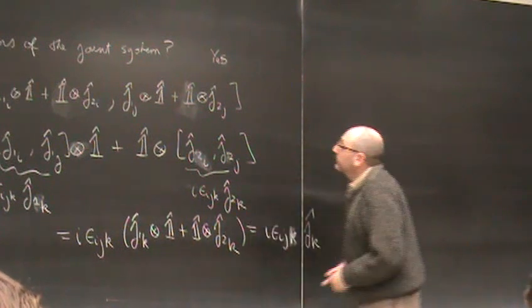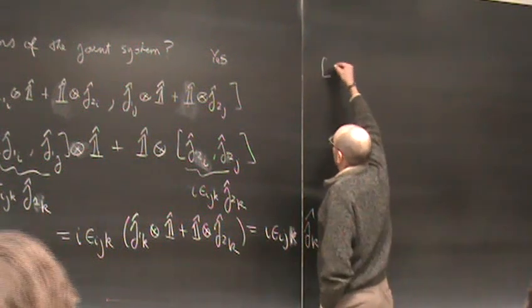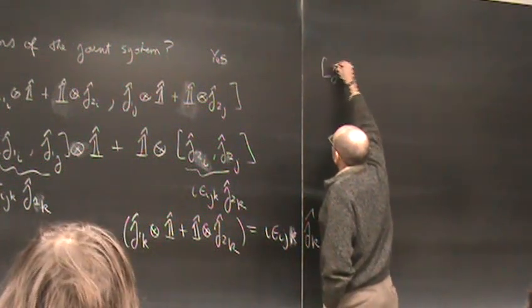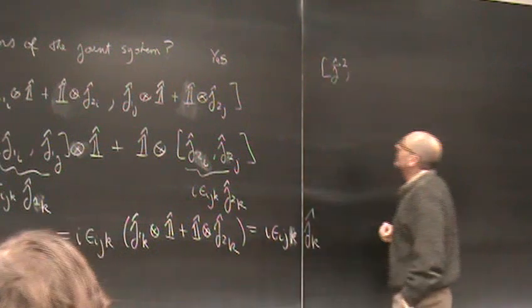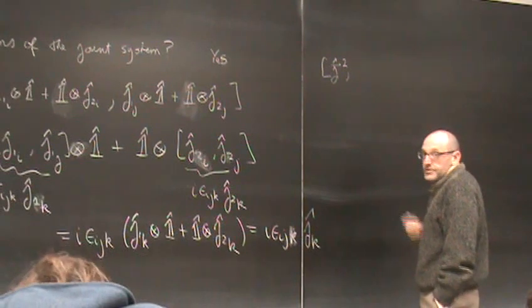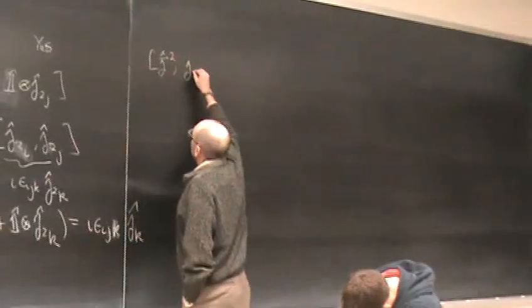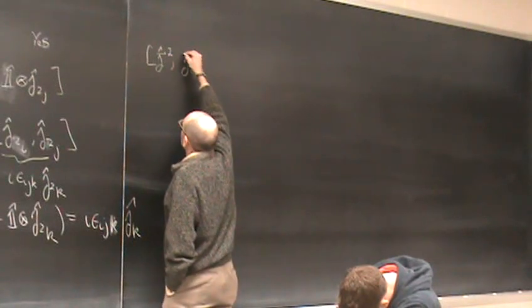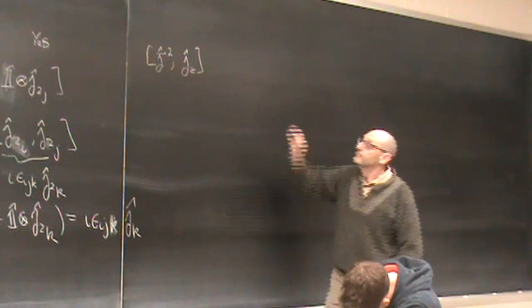Now, one thing we expect from the system is that if it's a good total angular momentum vector, the square of the total vector, let's say the magnitude squared, should commute with any component, for example, the z component. Okay, let's check that.